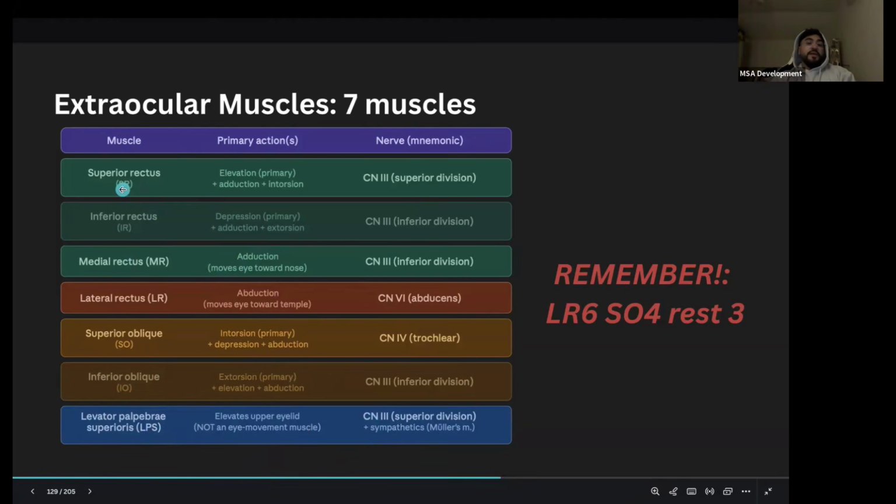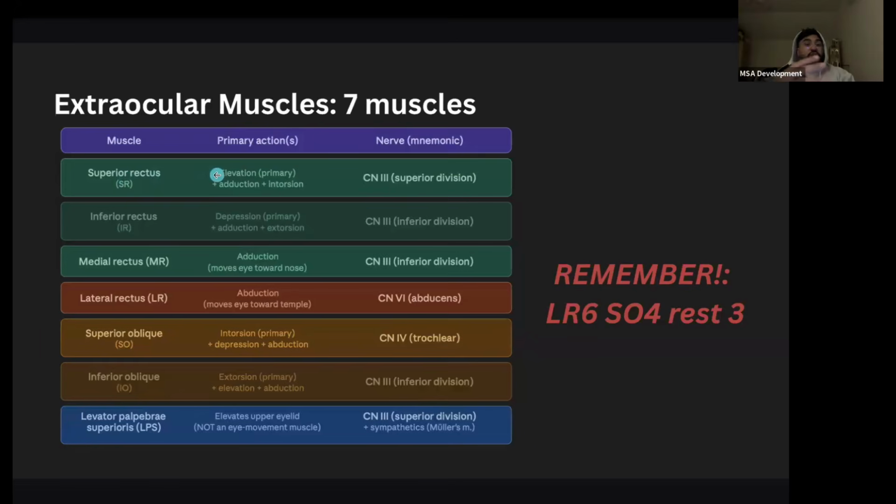So you need to know that the superior rectus helps with an elevation of the eye, okay, helps with adduction and intorsion, supplied by cranial nerve 3. Inferior rectus helps with adduction as well. Medial rectus is the main muscle that provides adduction, basically moves the eye towards the nose.